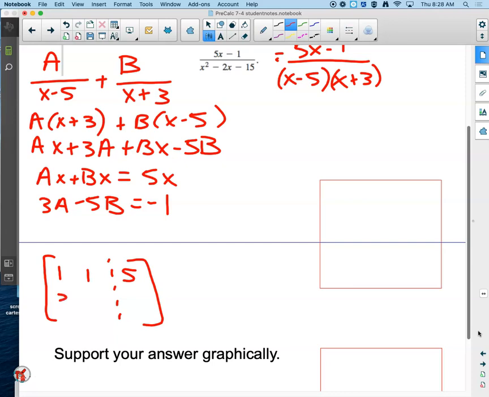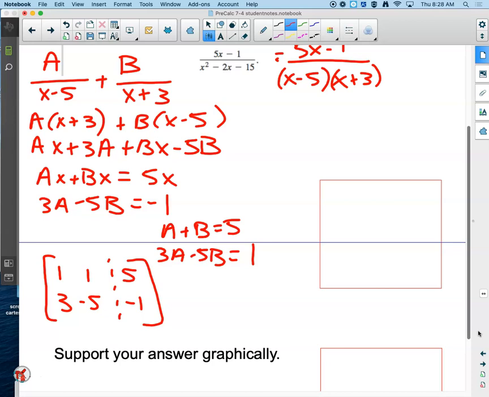And I need 3a minus 5b to come out to be negative 1. But instead, because this is a little 2 by 2, this is going to be easier and faster for us to just do this algebraically, because we can say a plus b equals 5 and 3a minus 5b equals negative 1.